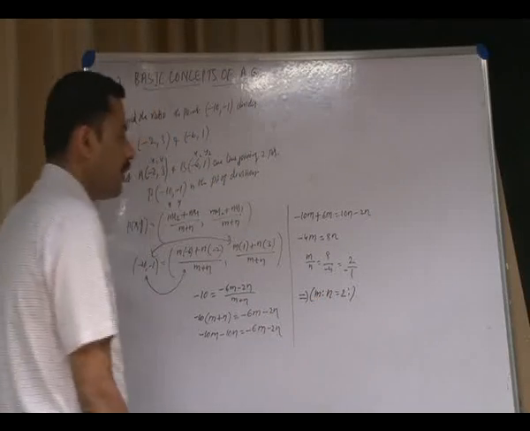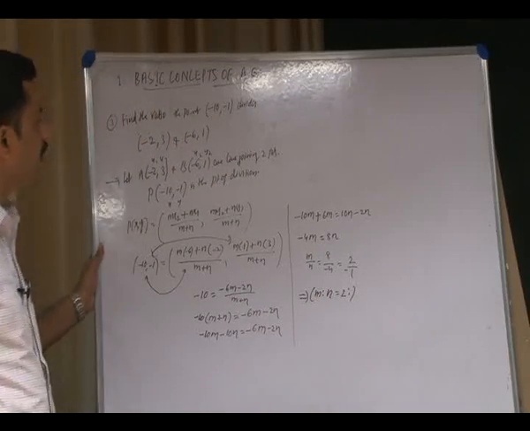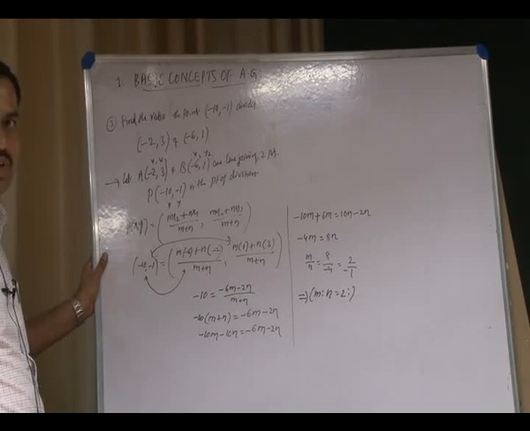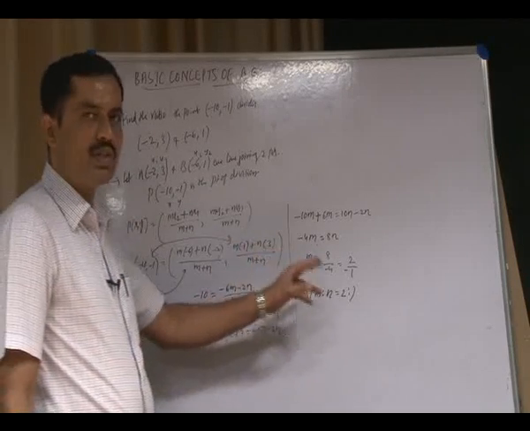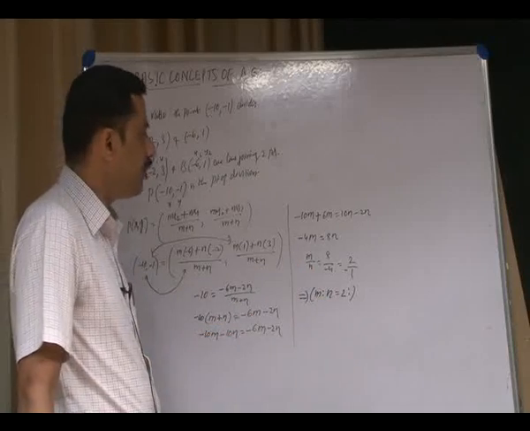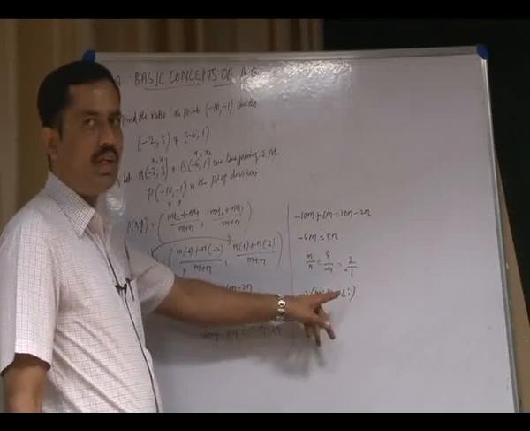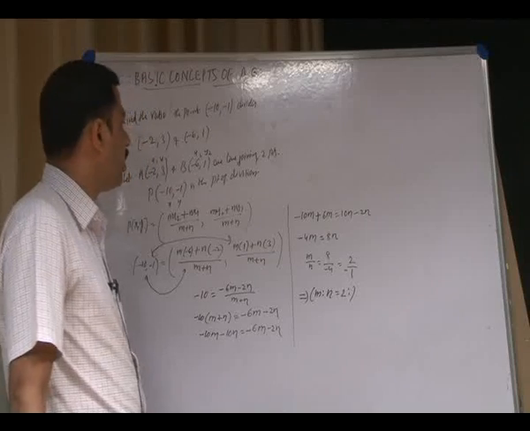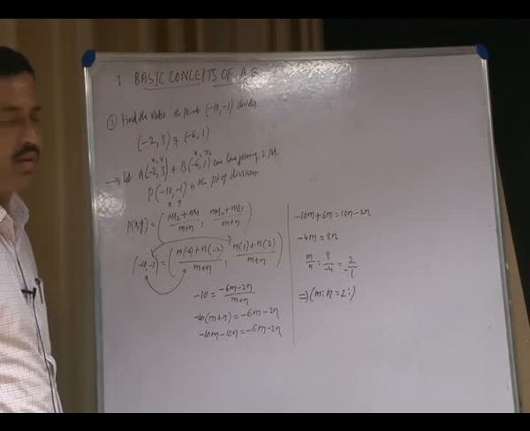Here negative sign indicates that this point divides the line AB externally. Suppose if you get the ratio as positive, then that means it is internal division. If you get ratio as negative value, then that means that point divides the line AB externally here.